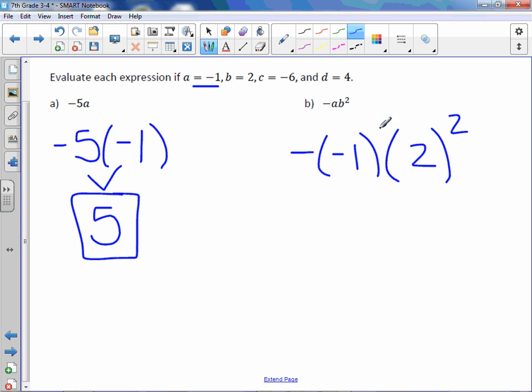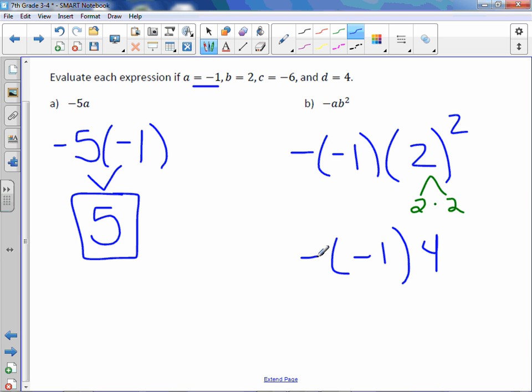So we need to take care of 2 to the second power first. Remember, this is really 2 times 2. So let's take care of that first. 2 times 2 is 4. And bring down everything else as you see it. Okay?